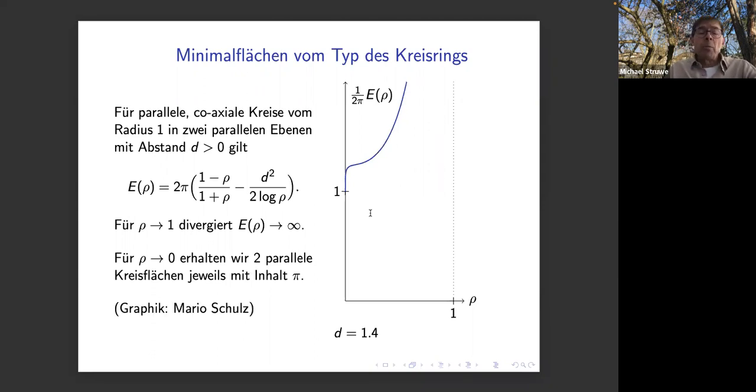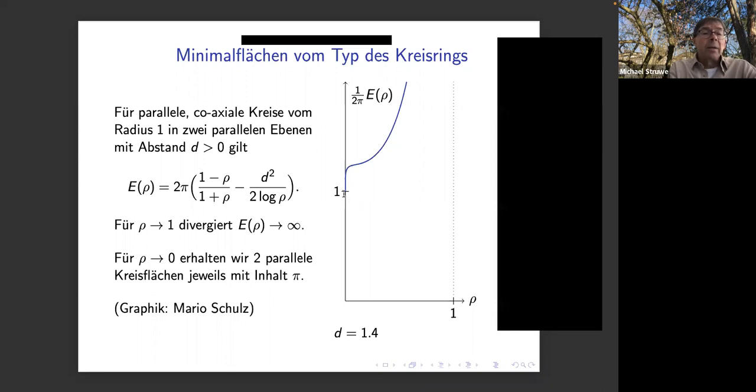And once you go above this critical separation distance, still the Morse relations hold with this degenerate surface consisting of a pair of disks acting as a minimum for the variational problem. So this really is an example where the Morse relations for a variational problem can be checked very easily.